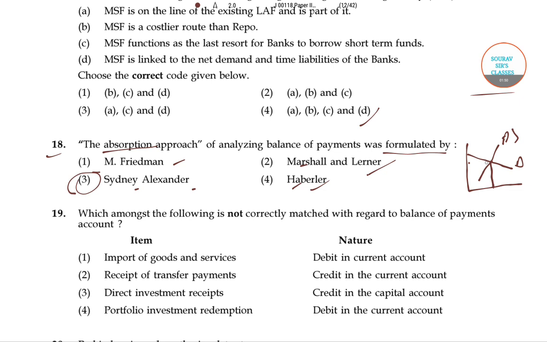Now say the economy is operating at a lower employment level, Y1; if it would have been here, it would have been the full employment level.